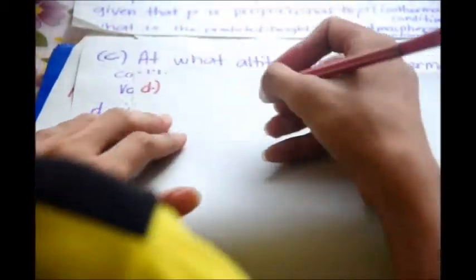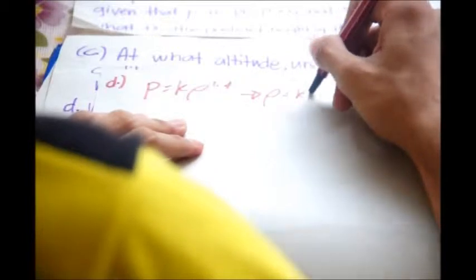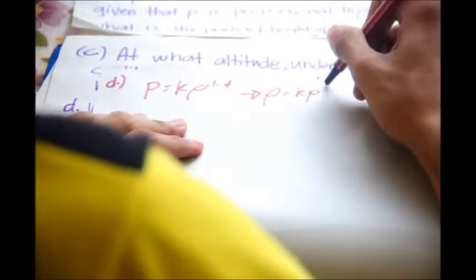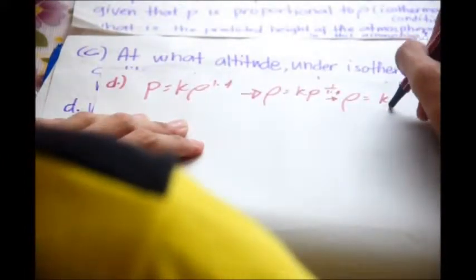So for letter D, P equals K rho to the 1/4 power, so rho equals KP raised to 5/7.